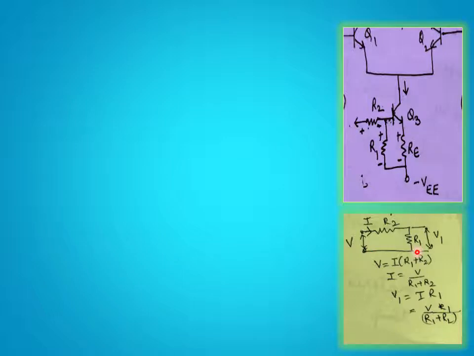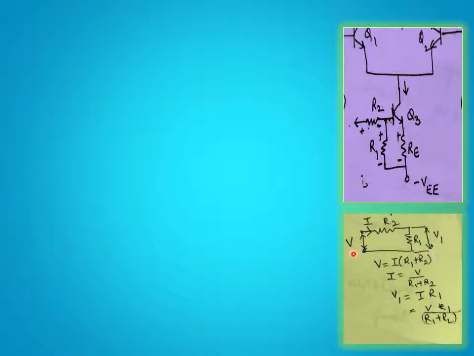If there are two or many resistors, and the total potential difference across the resistors is given, and we have to calculate the potential difference across one of the resistors, then according to the voltage divider rule, V1 is always equal to V R1 upon R1 plus R2.